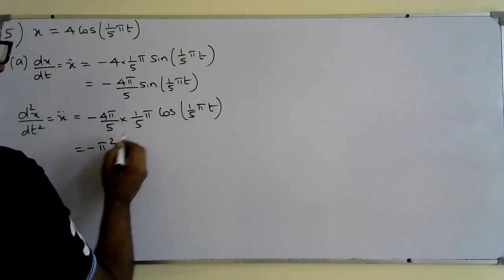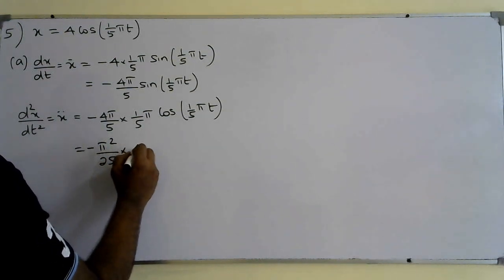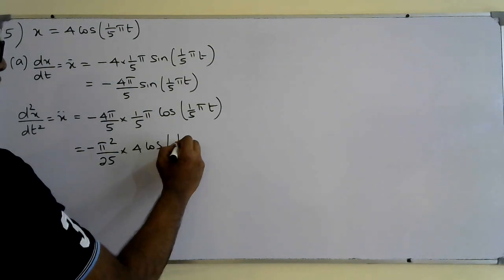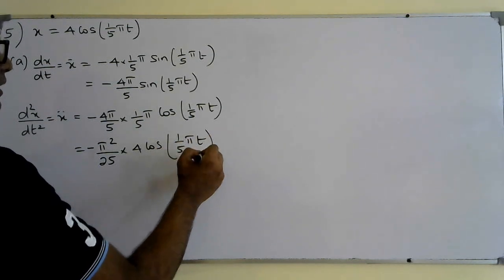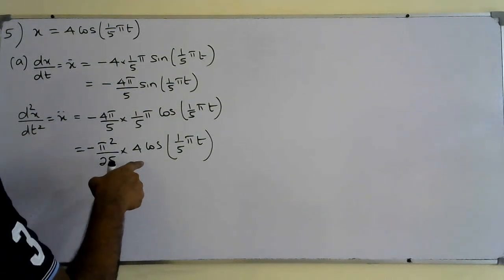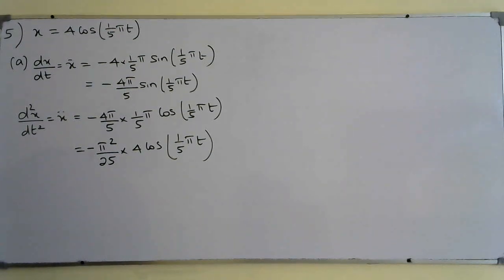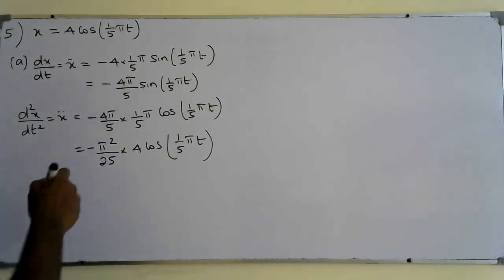So pi squared over 5 into 5, 25 times 4 cos 1 over 5 pi t. I think I made a mistake. It's correct, yeah. So minus pi squared over 25.